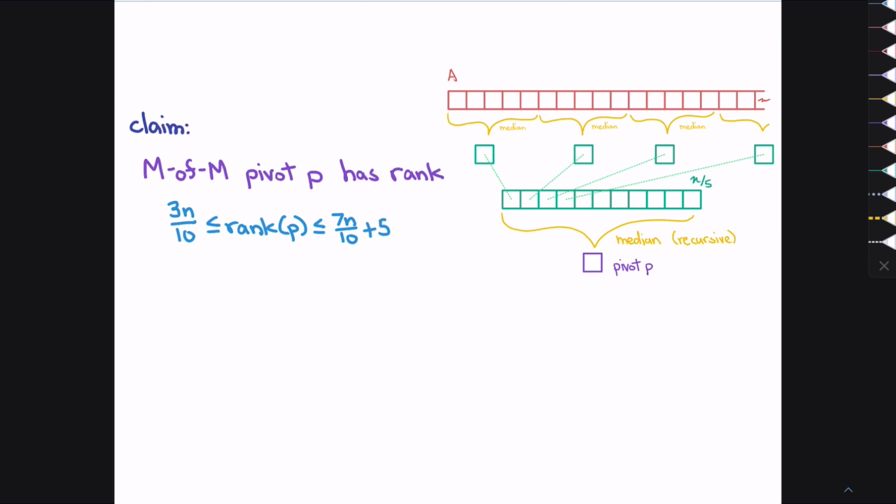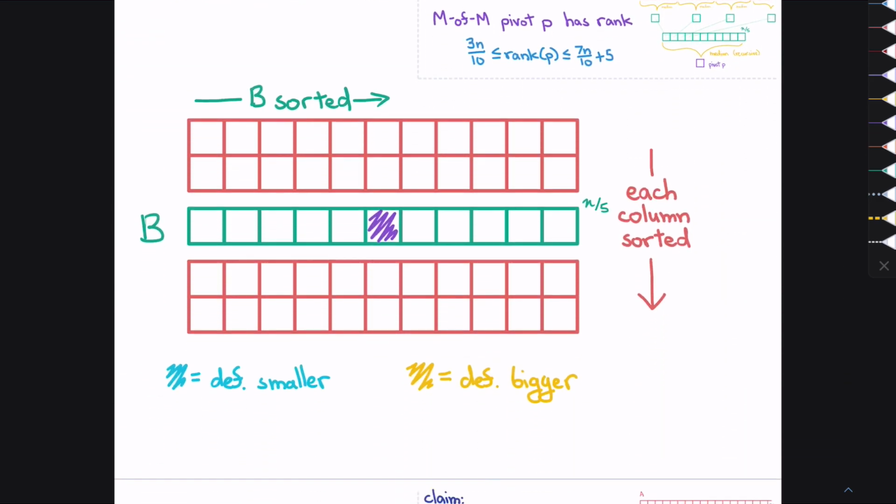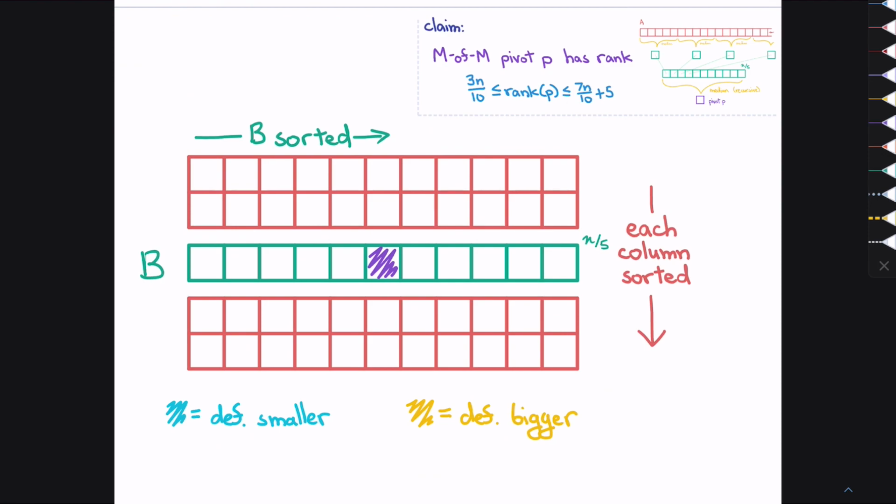To be better. Not all parts of the argument have been fleshed out yet. So how do you prove this? You can do it kind of by a picture. I've taken A, and imagine that the columns are each of the groups of 5.